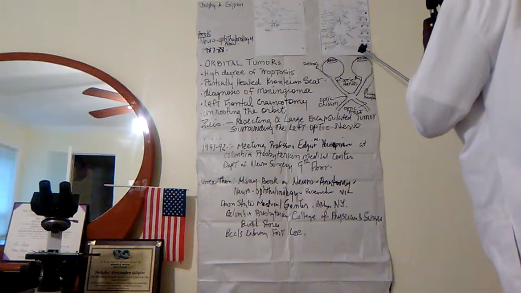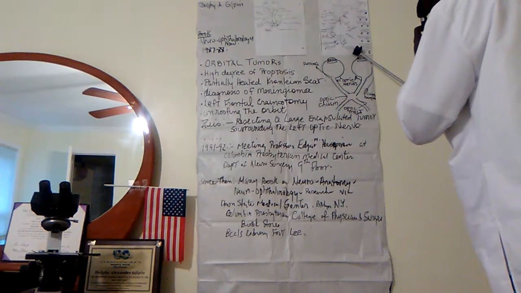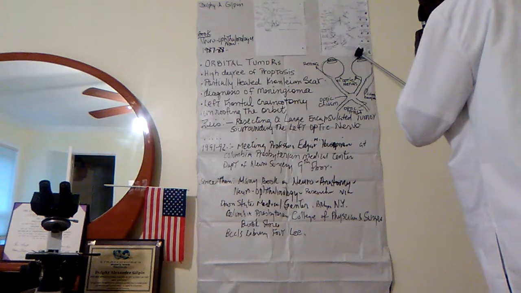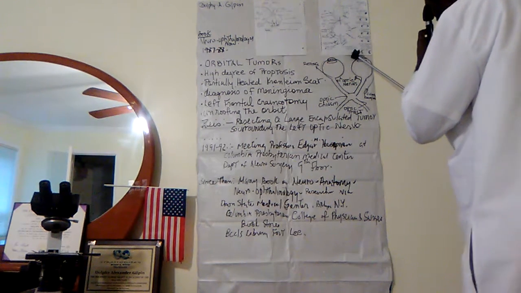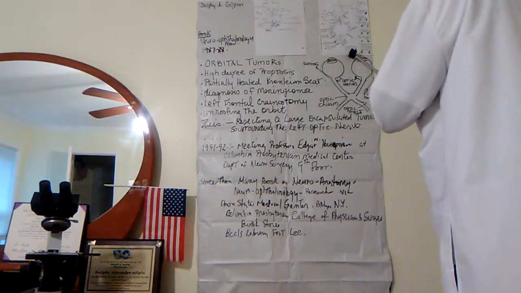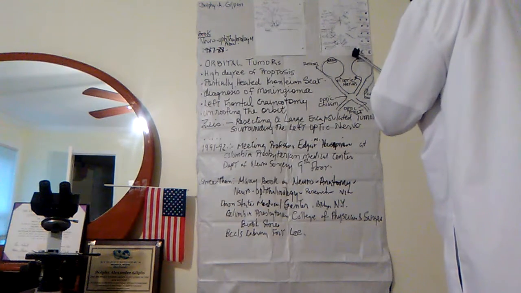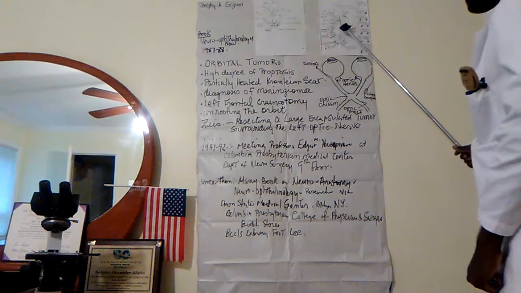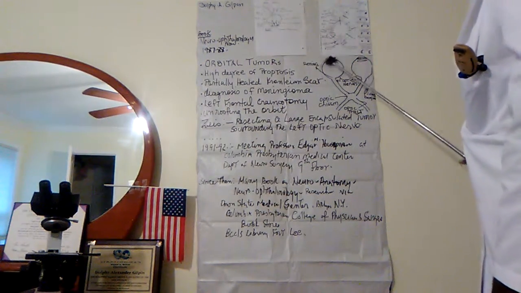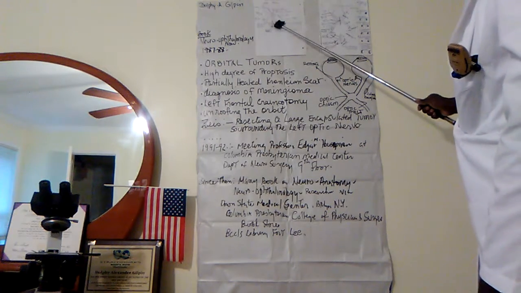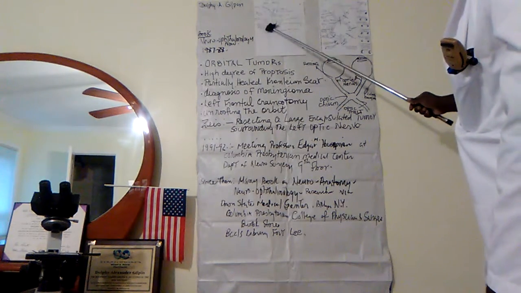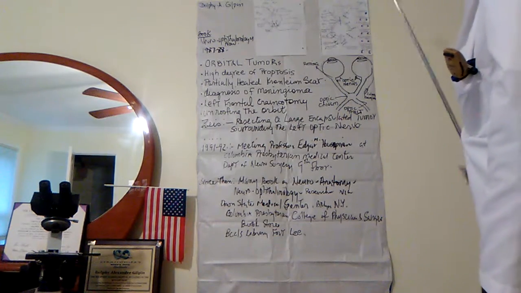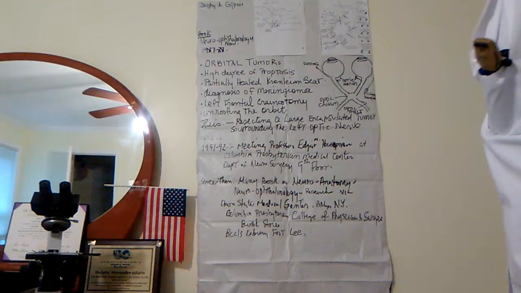And H and K, if the posterior carotid artery is occluded. So that's a brief description of the neuroanatomy there, and this one is even less detailed, and you could look at it from the video.